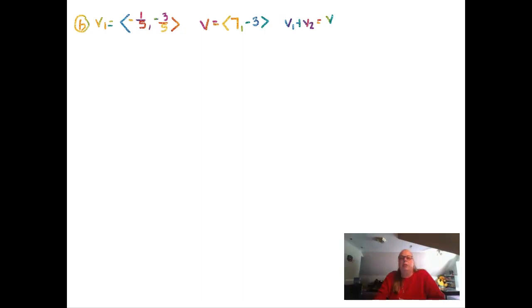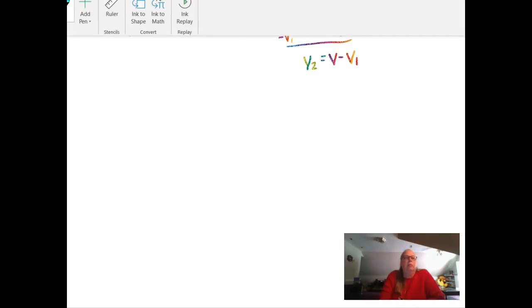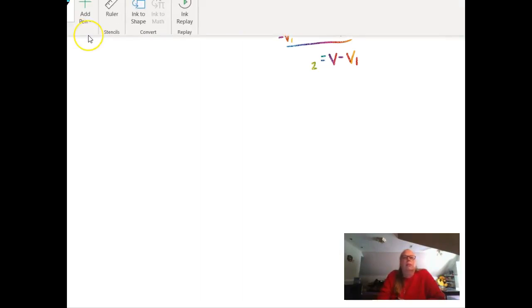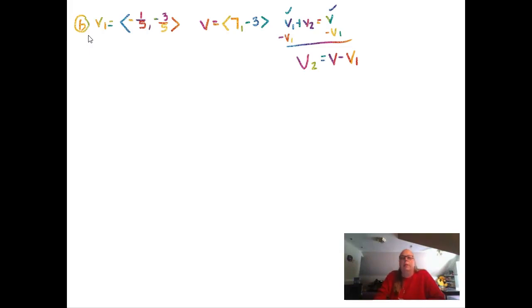Well, if v1 plus v2 is equal to v, and I know this one, it's right here, and I know this one, it's right here. If I'm trying to solve for this, if we subtract the v1 to the other side, we can say that vector v2 is equal to vector v minus vector v1. I know that looks like a y there, so I'm going to take off that little tail. There we go.